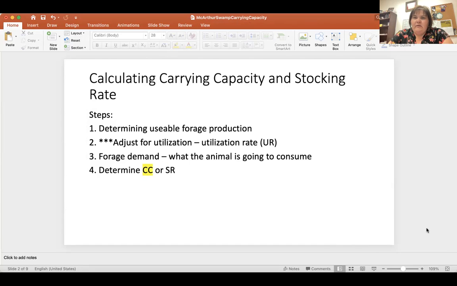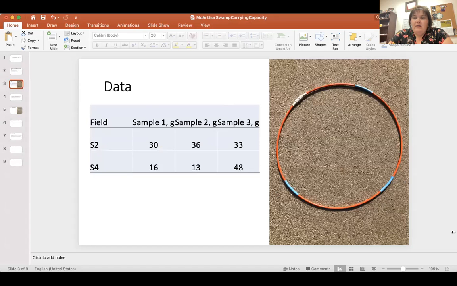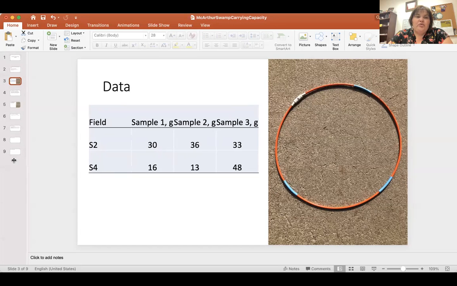All right, so the data that you guys are going to use is what Julie actually collected. So this is actual data. And so on the south pastures, the S2 pasture and the S4 pasture is where she has exclosure units right now.